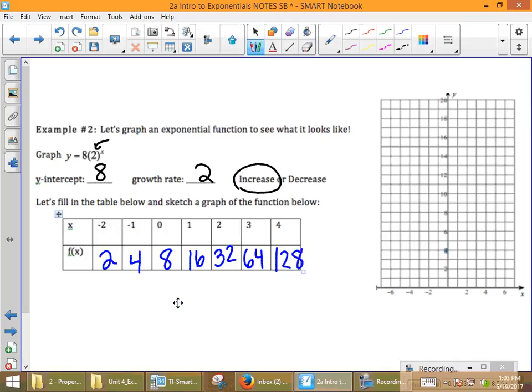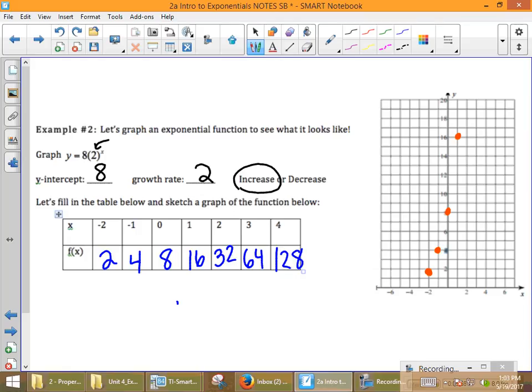All right, now all you have to do is plot the points, and you should end up with a nice curve, just like you had on your calculator. So -2, 2, -1, 4, 0, 8, 1, 16, and then oh look, 32 does not fit on my graph. That's okay.